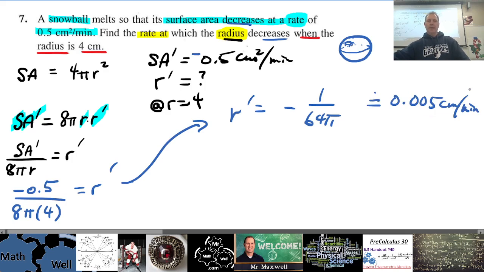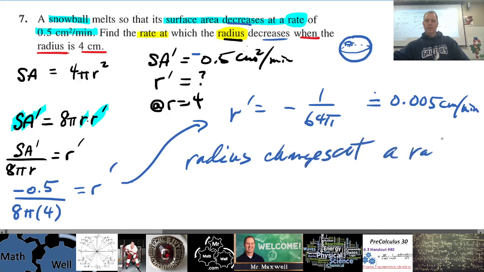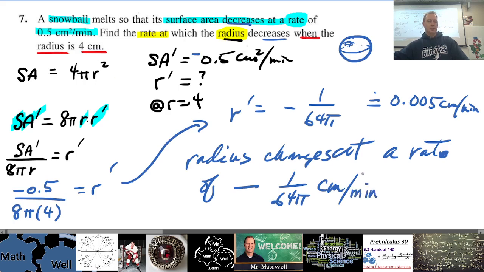And so let's put our units on there and finish it off. So the radius changes at a rate of, and I'm going to make sure I put that negative in there, negative 1 over 64 pi. And the units are going to be centimeters per minute: centimeters for length, and time is in minutes in the question.